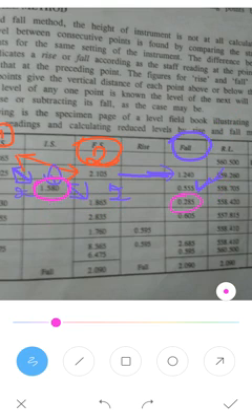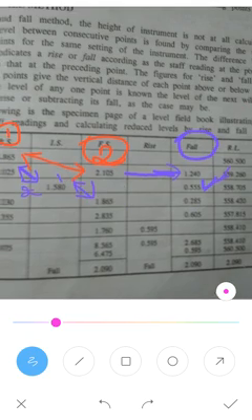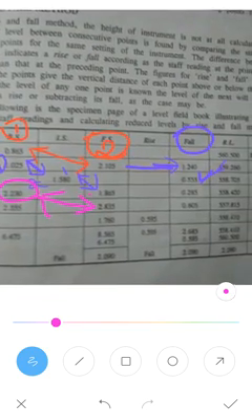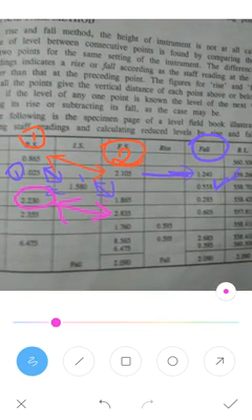Next, see here, after this it goes to the next reading, this one. I told you to move in this zigzag manner only. So after 2.230, you have to go for 2.835. 2.230 minus 2.835 gives minus 0.605. It is minus, so that's why it is in the fall column.